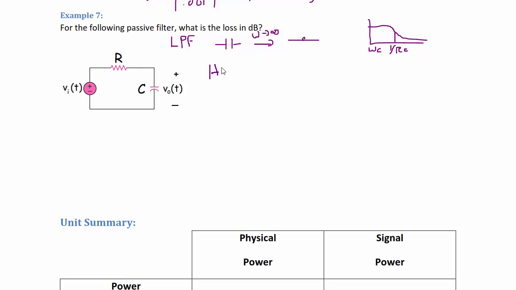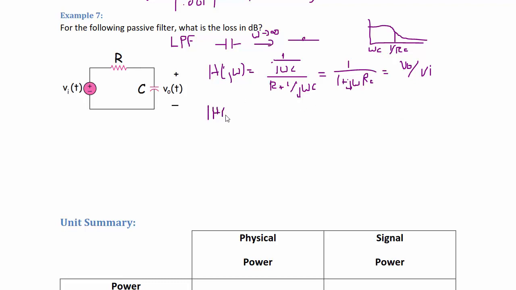So the transfer function or frequency response, h of j omega, is 1 over j omega c divided by r plus 1 over j omega c. And that can also be written as 1 over 1 plus j omega rc. And that's the ratio of V out over Vin.